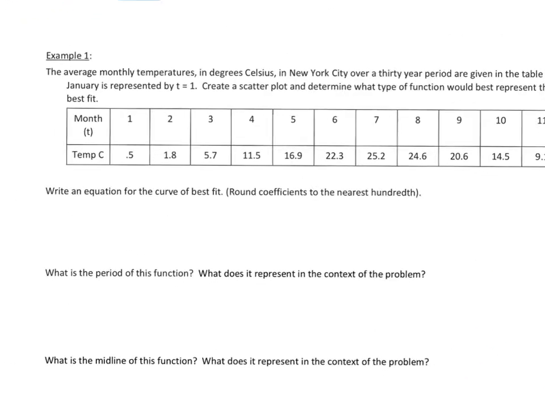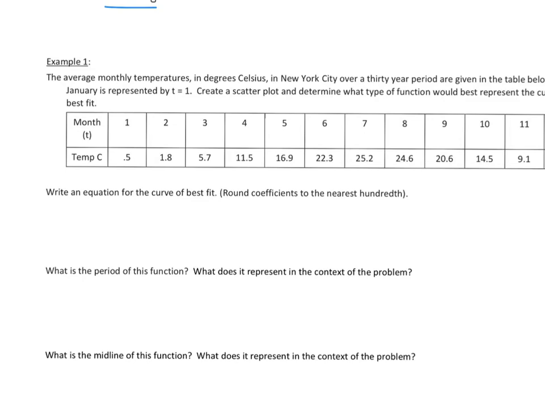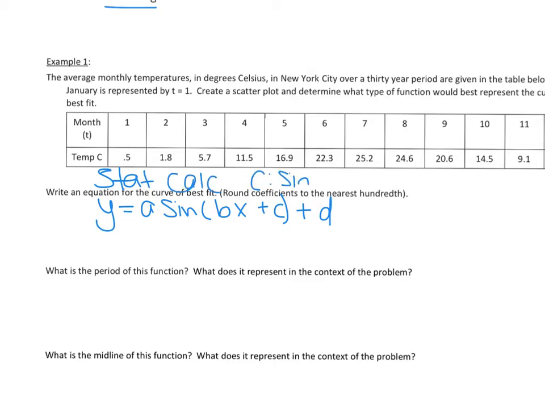Okay, so they want you to write an equation for the curve of best fit. You're going to get that from your calculator. You will see a sine bx plus c plus d when you press stat, calc, and you select C, which is sine reg.